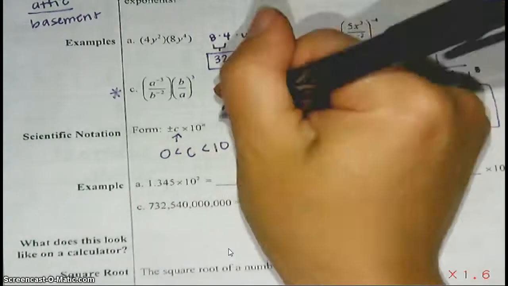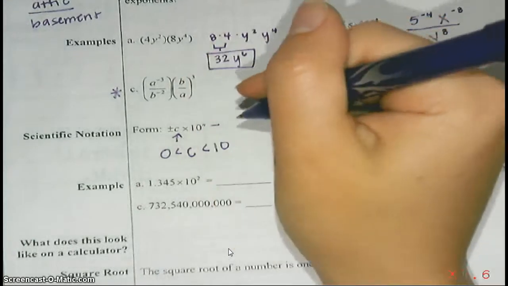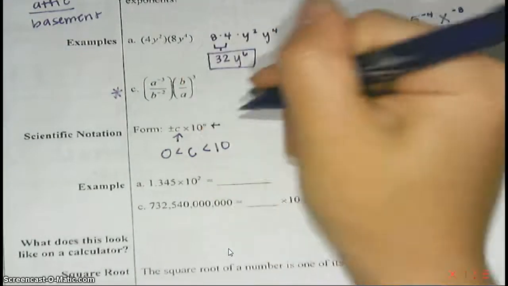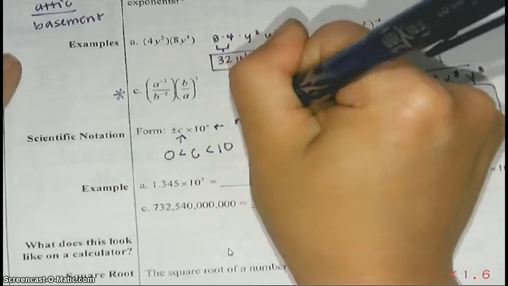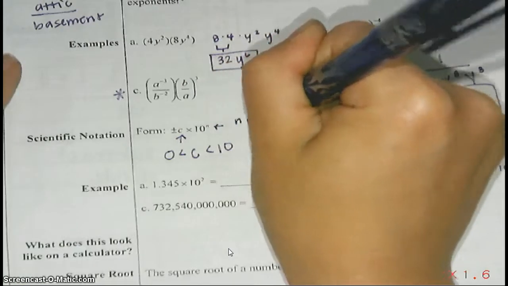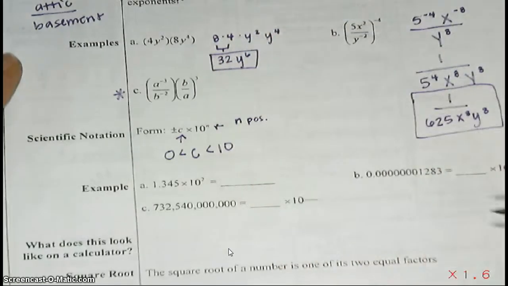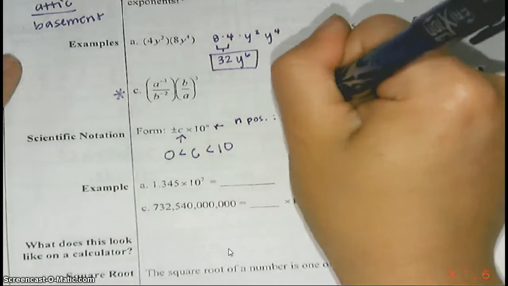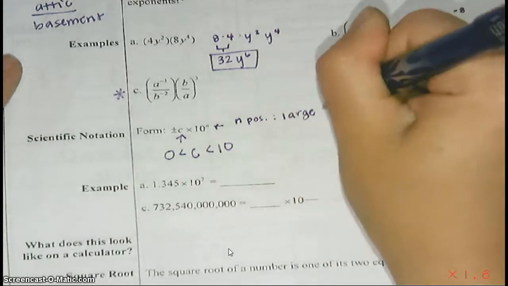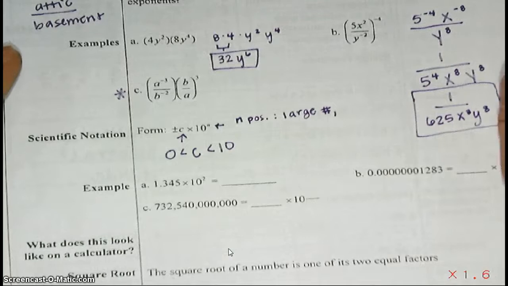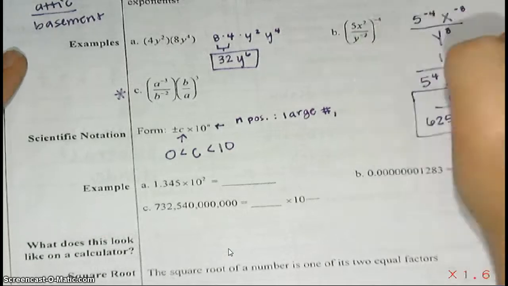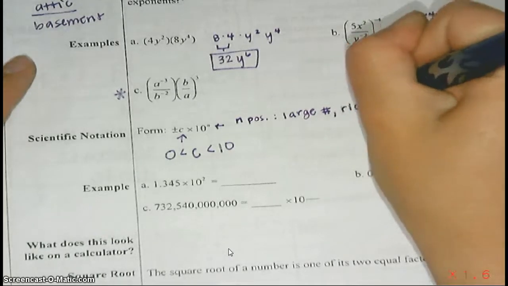This value for n right here, that's going to be either positive or negative. What you need to know is if you have a positive n value, then it's going to be a really large number. And in general, once we're working with these, you're actually going to move the decimal place to the right for this one.